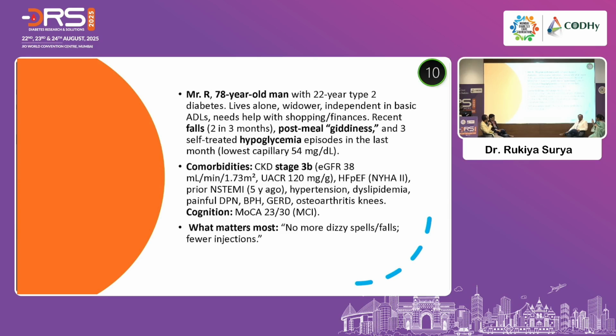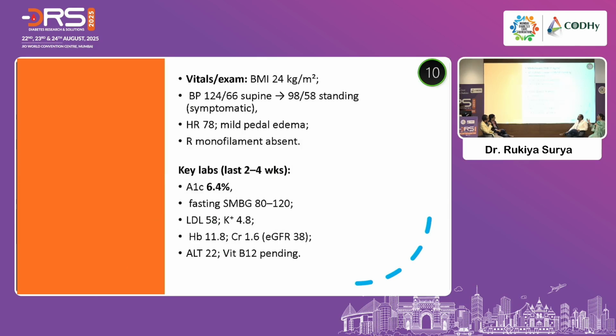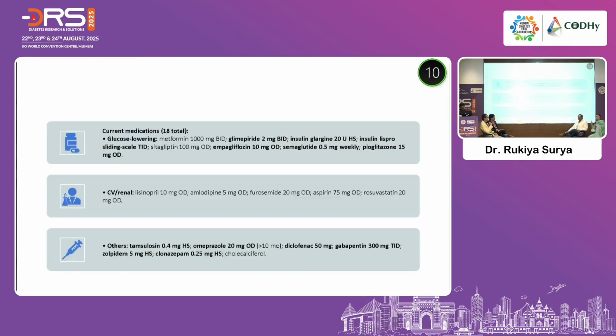Now coming to the next one. Peripheral neuropathy, after 20 years. Gabapentin already we are giving 300 thrice. Recurrent falls and spells are there. We are talking about escalation, escalation and escalation. Now it is the time to de-escalate. We have to de-escalate in every aspect, relaxing the targets, reducing the number of pills, reducing the medication.